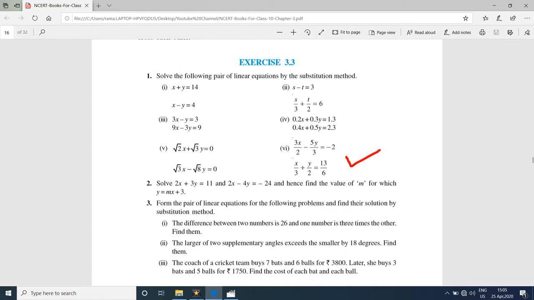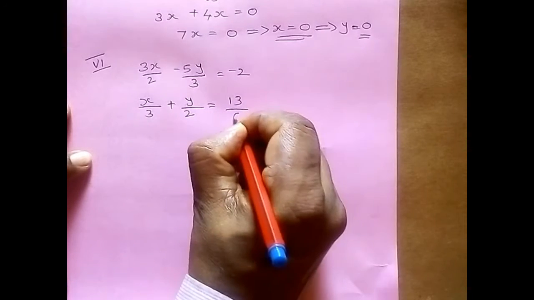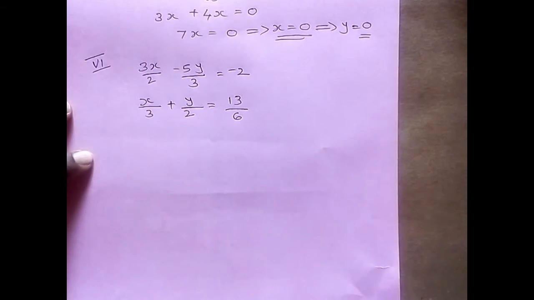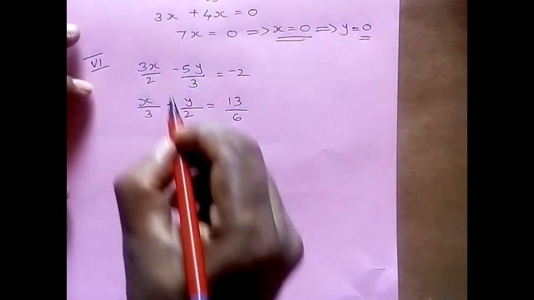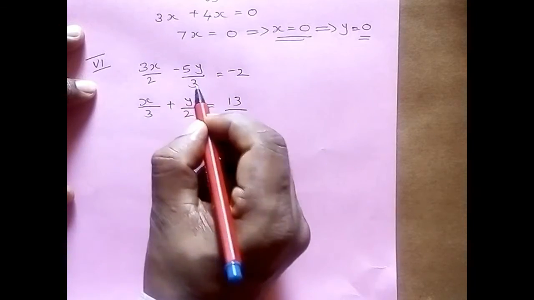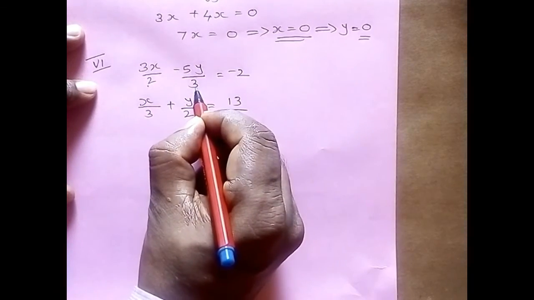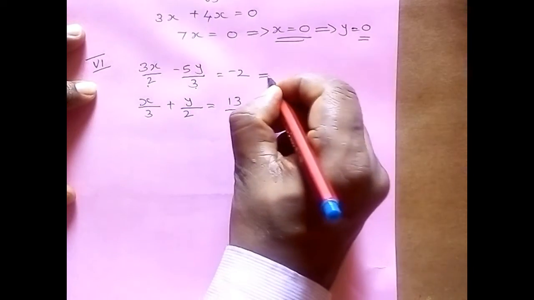Moving to the sixth question. 3x by 2 minus 5y upon 3 is equal to minus 2, and x upon 3 plus y upon 2 is equal to 13 by 6. Here to eliminate these denominators, we can multiply with the LCM of 2 and 3, that is 6.